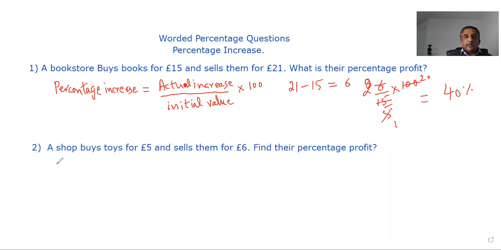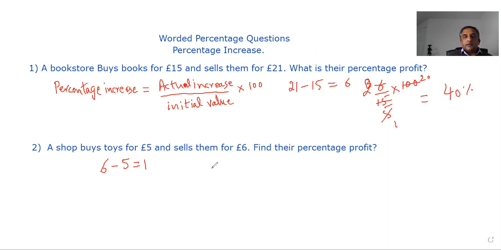Question number 2 says a shop buys toys for 5 pound and sells them for 6 pound. Find their percentage profit. So we have to find the actual increase. What was the actual increase? We take 6, because this is the price where they were selling it, and take away 5, so it will be 1.